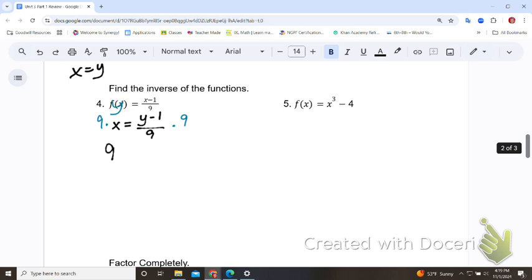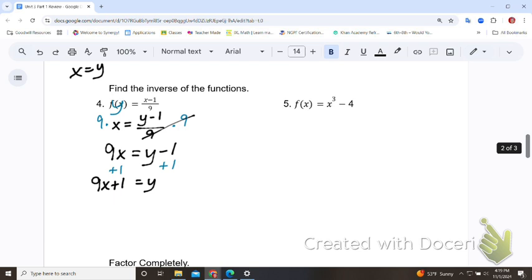So now I have 9x is equal to y minus 1. And if I want that y by itself, you got it. I got to get rid of the -1, so I'm going to add 1. Or you might just think that you're moving it to the other side, and when it crosses the line, it changes its sign.